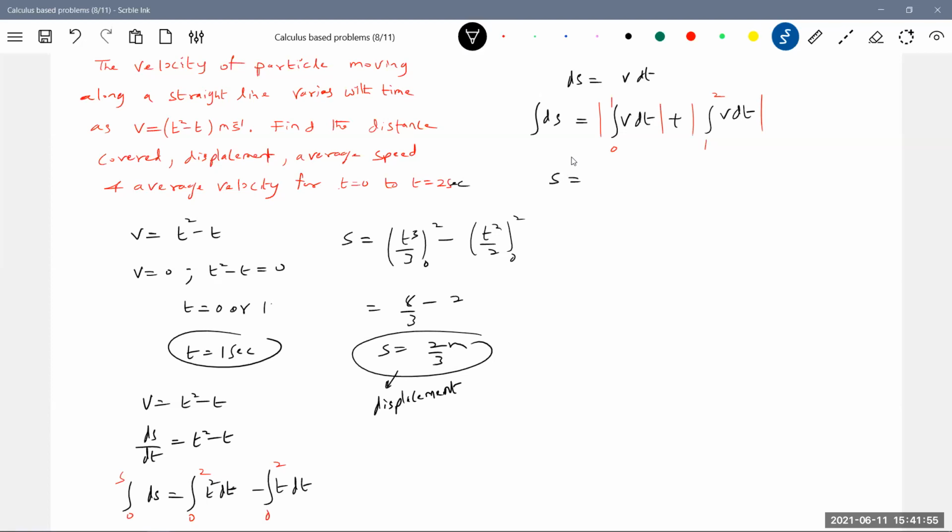What we'll calculate now will be distance covered. If you find it difficult, I will write D instead of S, since both are the same symbol, distance covered. So this limit now we substitute here.